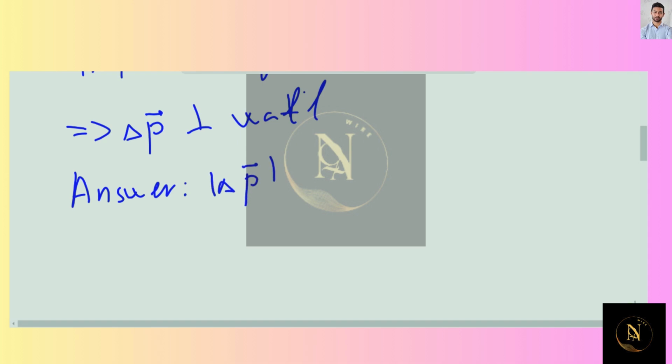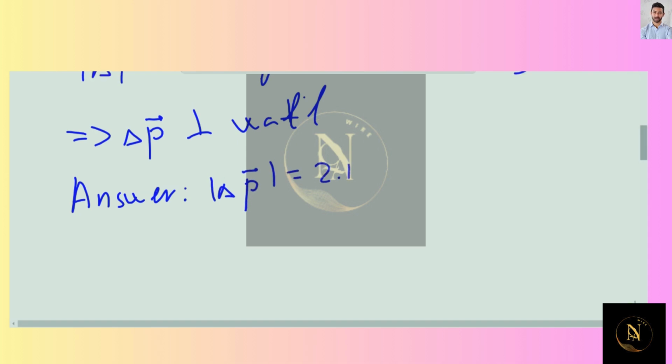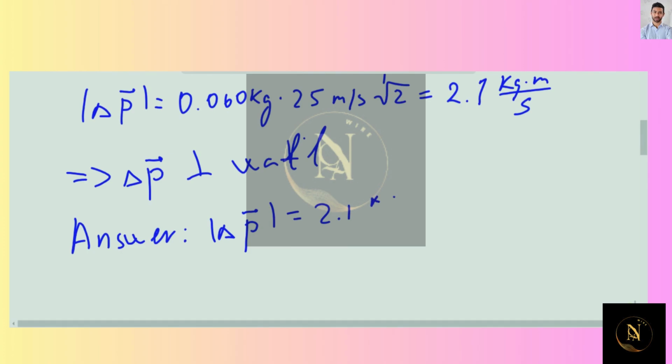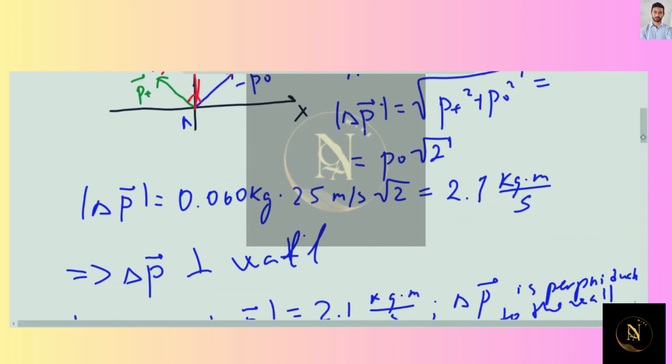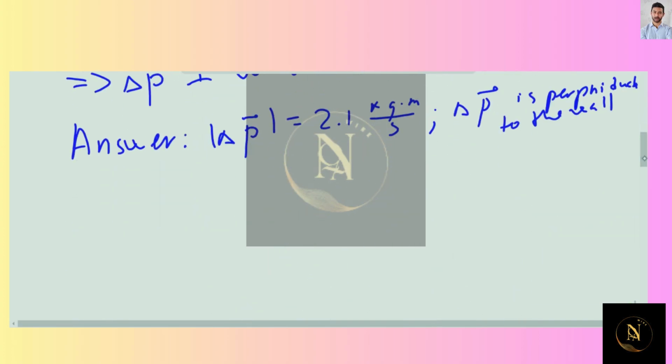Absolute value of delta P equals 2.1 kilogram meter per second, and delta P is perpendicular to the wall. More specifically, delta P is directed from the wall. So this is the answer to this question.